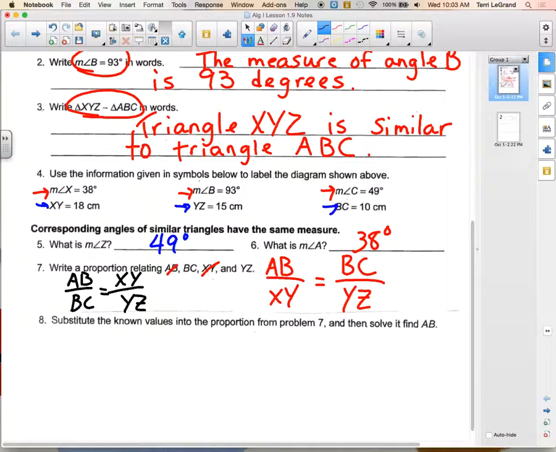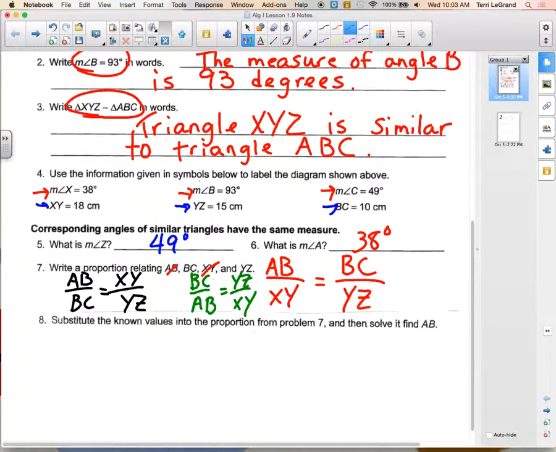You flip them. Sage? You can just switch them around and put BC over AB and YZ over XY. BC over AB, and what would be the other side then? YZ over XY. Yeah, we could do that. You could just flip the order. You can have BC over YZ is equal to AB over XY.